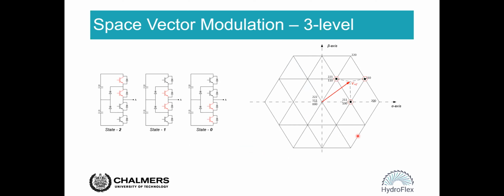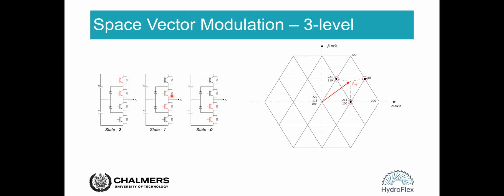And for the three-level converter, it will be the same case. If we remember, for this three-level MPC converter, we will have 3 states. If both upper switches are turned on, then we will get the positive voltage, and we call it state 2.